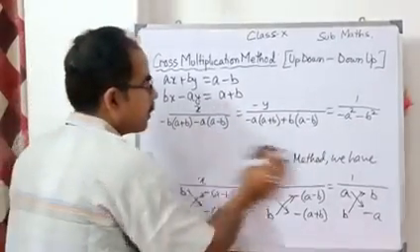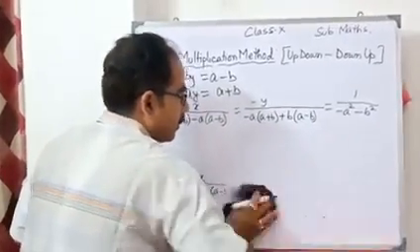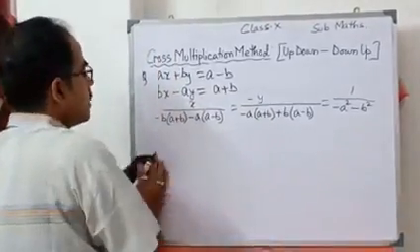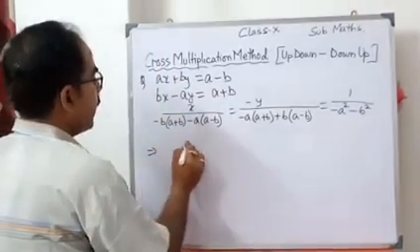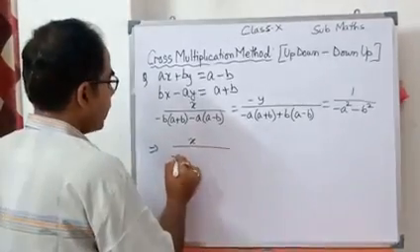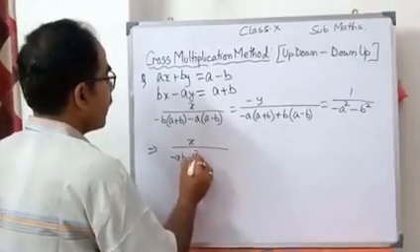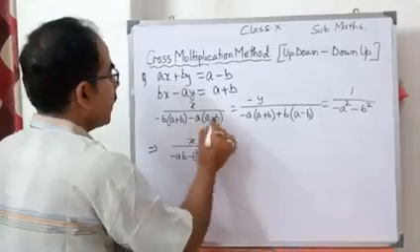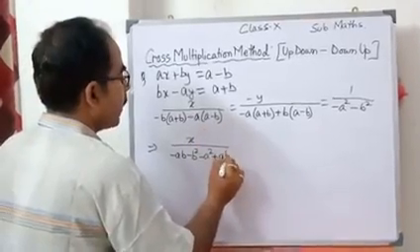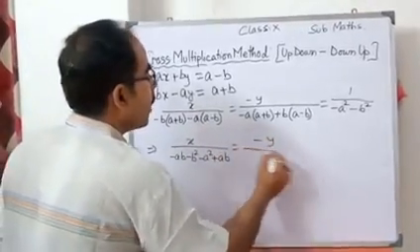I am rubbing this part. Ultimately you are getting what? x by minus ab minus b square minus a square plus ab, correct? And here you are getting what?